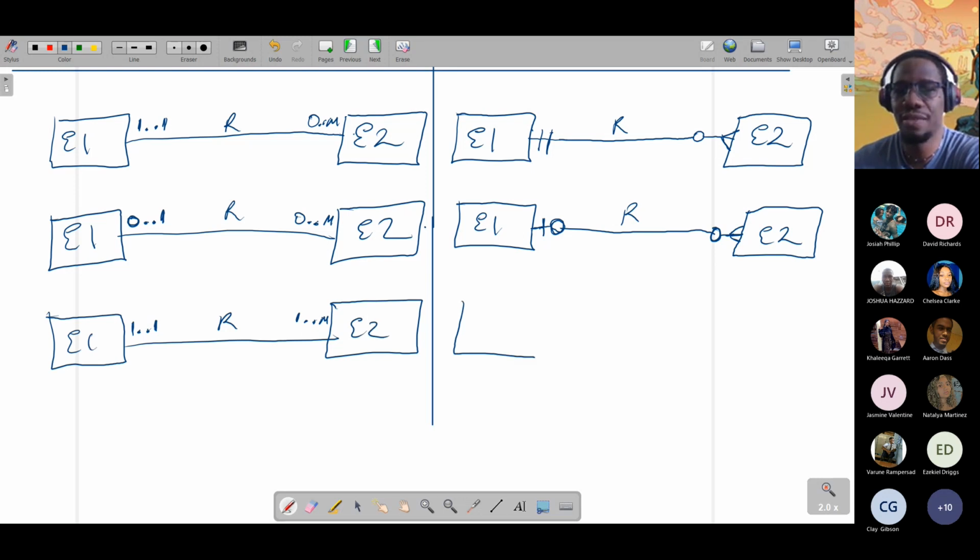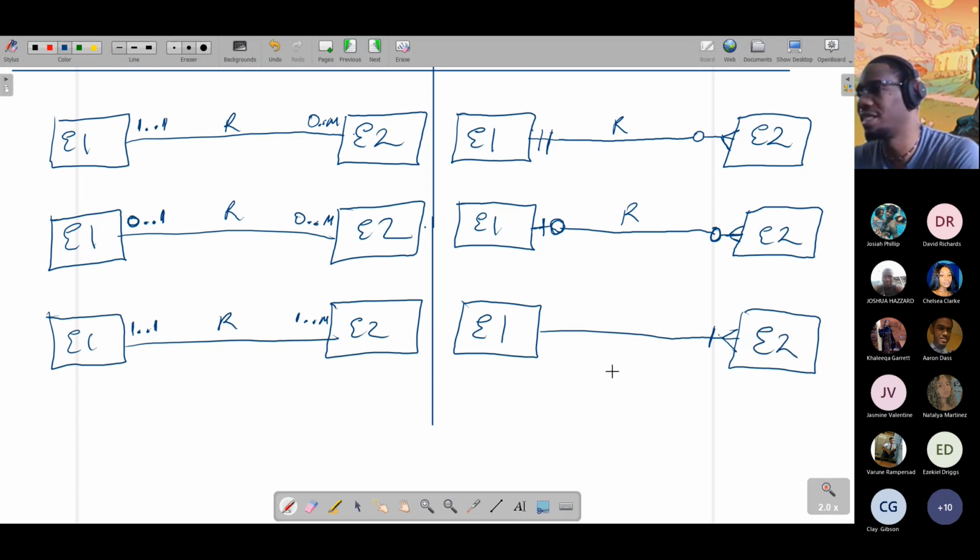What does this tell me? That it says for every instance of entity 1, I need to have at least 1 instance of entity 2, although there could be more instances of entity 2.